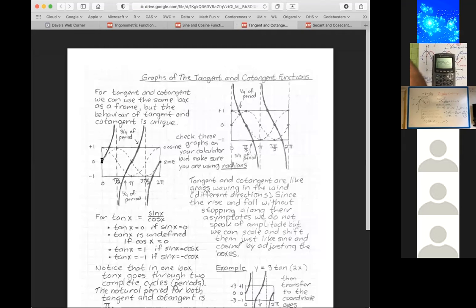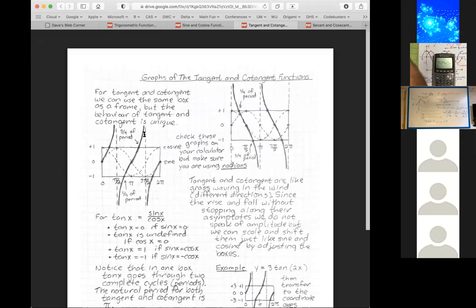So if you learn the values of those key dots, tangent starts, middle, middle, middle, middle, middle, but then in between the 2 zeros, it's got an undefined place where the cosine is equal to 0.